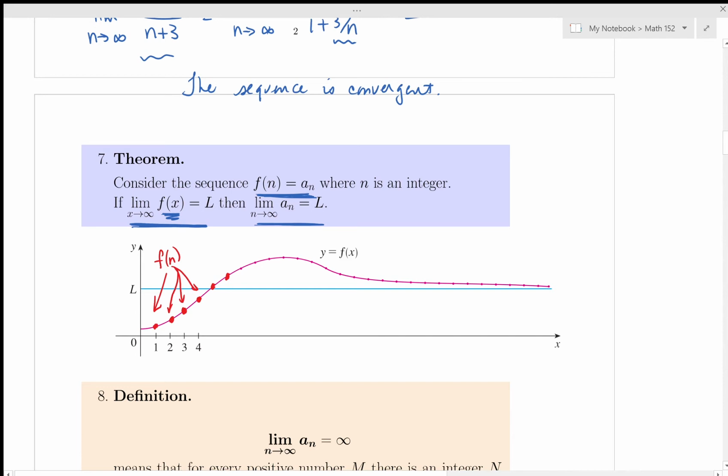It's some rule that calculates these numbers right here. f of x is the whole thing. f of x is the whole pink line. And you can see that f of x equals f of n when x is a positive integer. Okay, so then I can take the limit on f of x, and that will be the same as if I take the limit on f of n.